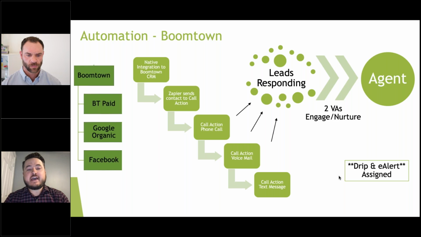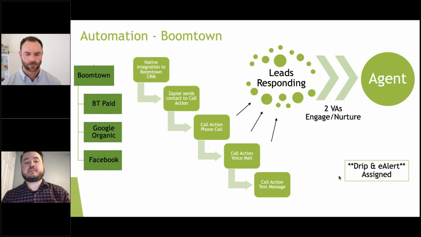The reason we do that is because we use CallAction to do automated calls, automated texts, automated drips. We have a lot of follow-up processes built into CallAction that are very personalized. You can use emojis, you can use video text, there's a lot of different cool features.